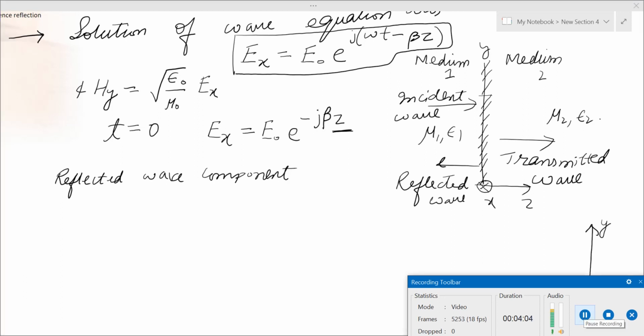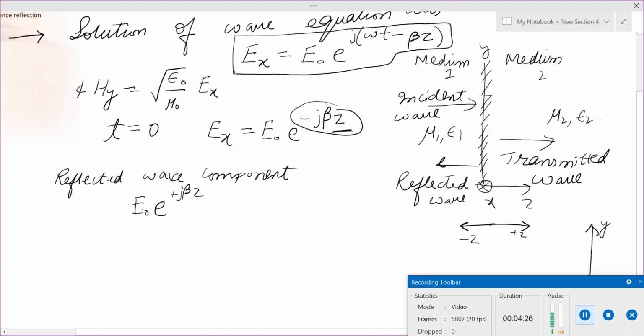That will be definitely e to the power plus j beta z, because the reflected part, see, you are taking the plus z direction in this way, so the reflected part will be in this direction, minus z. So minus z, if you change here, it becomes plus z. So this is the reflected wave component.